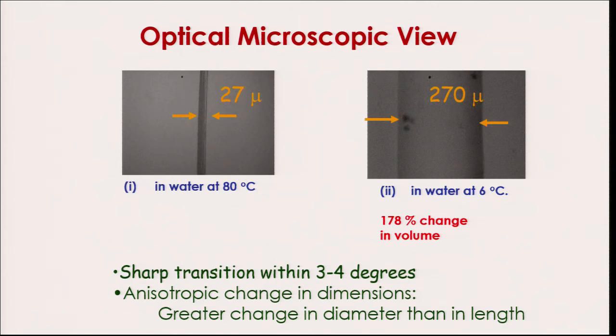That means, if 37 degrees is the transition temperature, between 37 to 34 degrees the fiber would collapse suddenly. And also notice that the change is very high, a 178% change in the volume of the fiber.